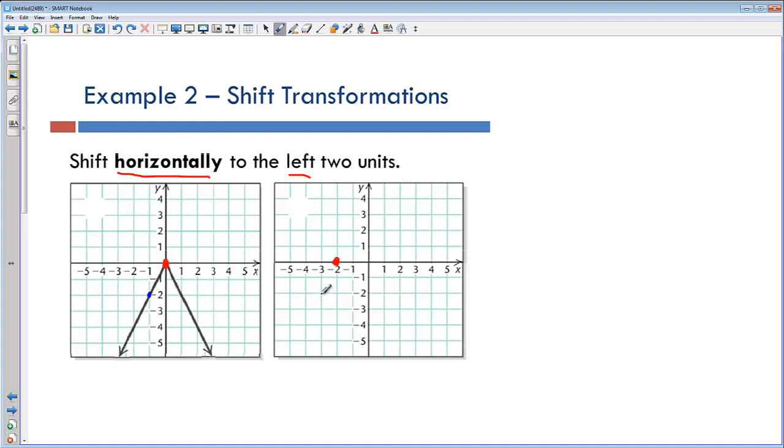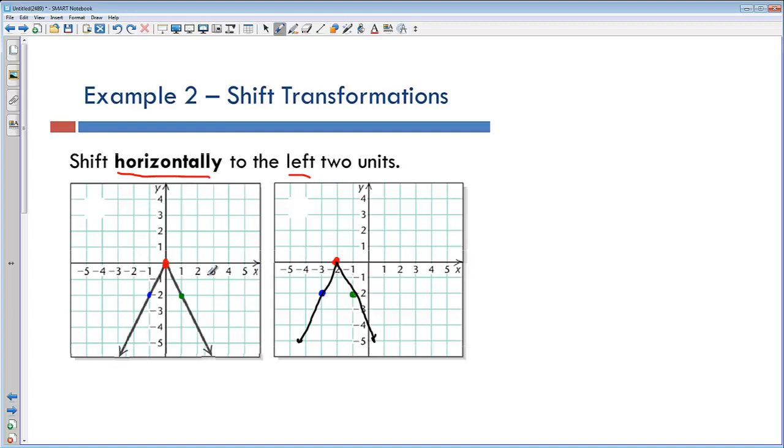So it's going to wind up right there. And the little green point we put right here, it's going to go 1, 2. It's going to wind up where the blue point was. And of course, we just connect the dots. And so we just connect these dots right here the best we can. All right, so you can see how the graph was actually shifted to the left 2 units.